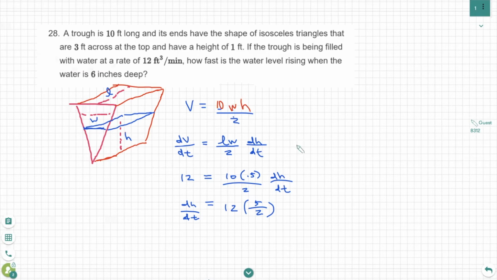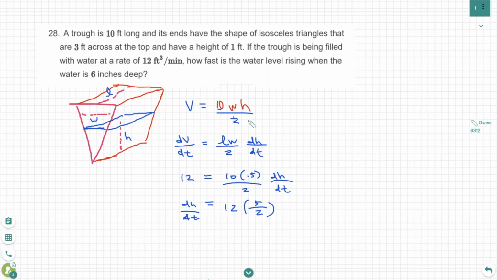That's the right equation, but there's an extra step here. We have volume and then 2 variables, volume as a function of 2 variables. In that case, you can't really differentiate, right?